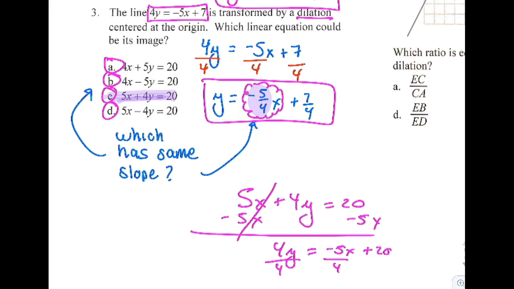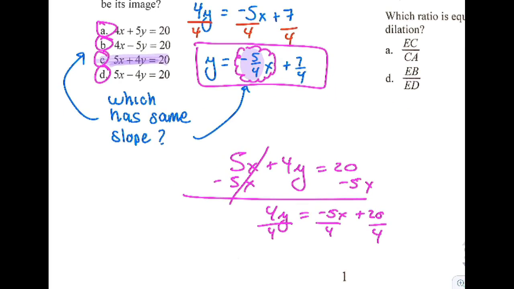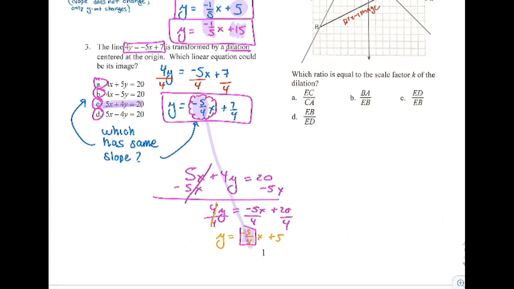I'm going to divide everything by 4, and you can already see it taking shape there. Choice C is going to end up like this: negative 5/4 for a slope. Because that's the same slope as the original, that's the one that was dilated. That's the only answer that has negative 5/4 as a slope.